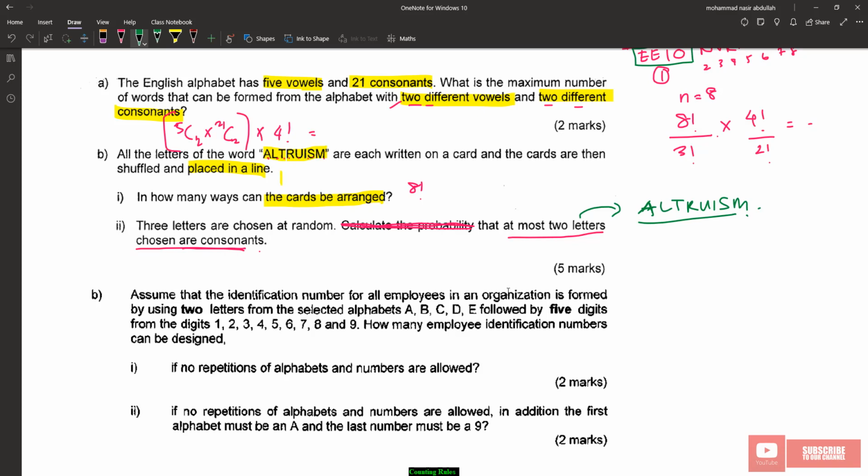So how many consonants do we have? We have A, U, I for vowels and L, T, R, S, M for consonants. So we have 5 consonants. So we want to know how many ways to choose at most 2 letters of consonant. Right. So 5 choose.